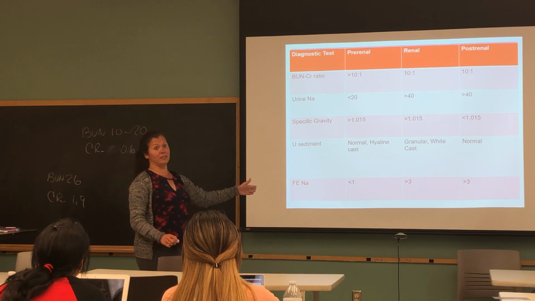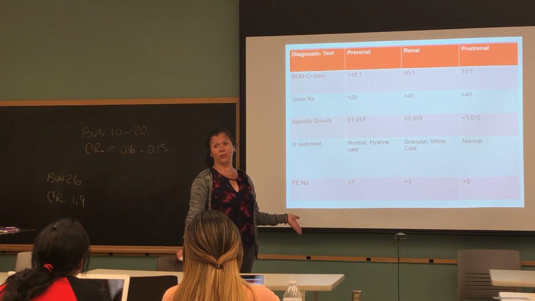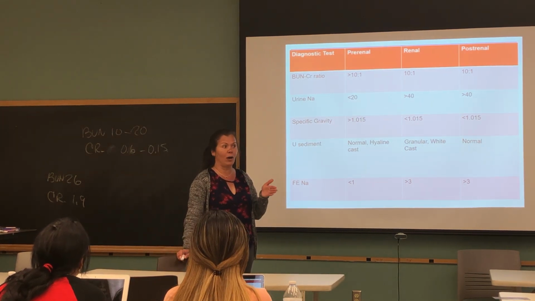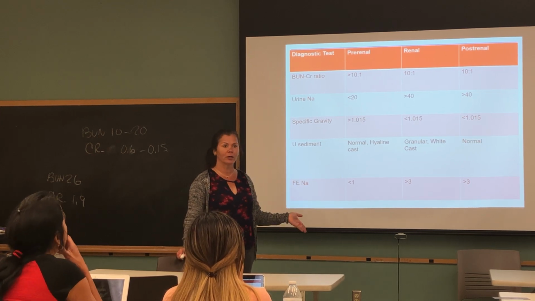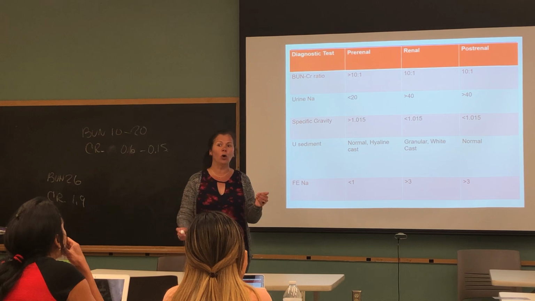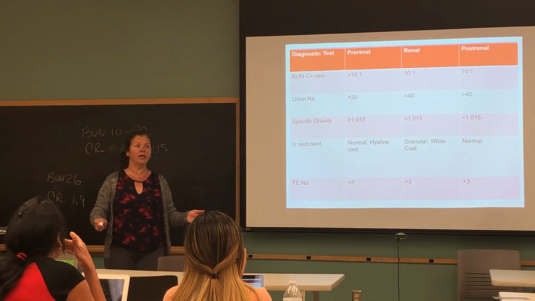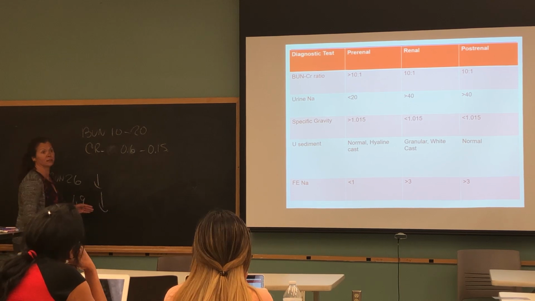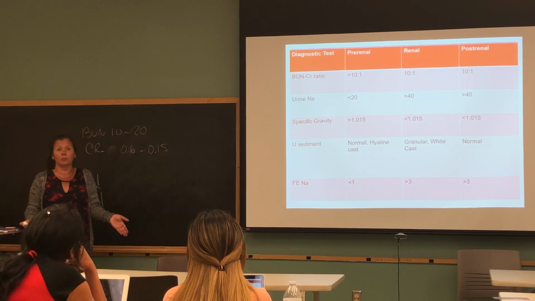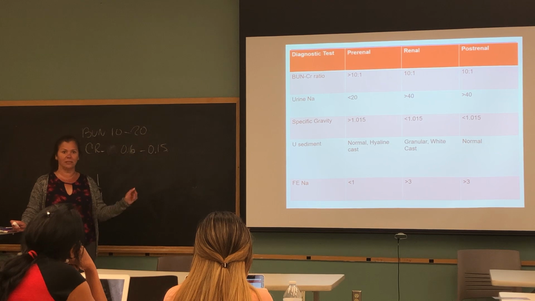To be able to know this, you need to know the baseline of the patient. Right. Because how do I know the ratio proportion from before? If I don't know you, the only thing that I can do is give you fluids and see if these values decrease. And if these values decrease, well, you have prerenal. Easy.